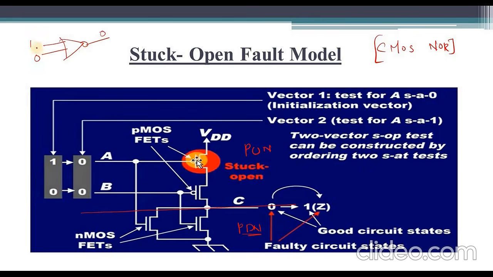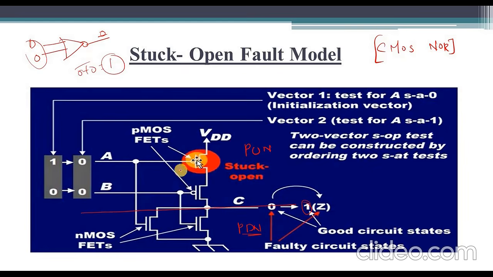That means if I give 1 0 as the input, we get the output 0 if there is no fault in this CMOS NOR gate. If I change the input and give 0 0, then 0 plus 0, whole bar, means 1. So if there is no fault in the CMOS NOR gate and I consider the input 0 0, I am going to get the output 1.